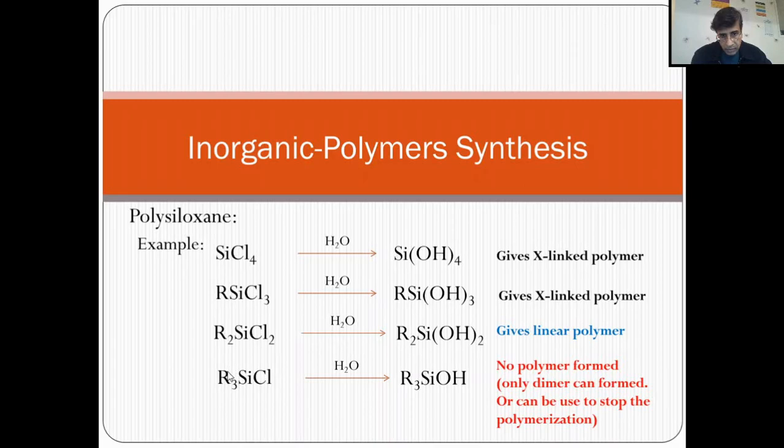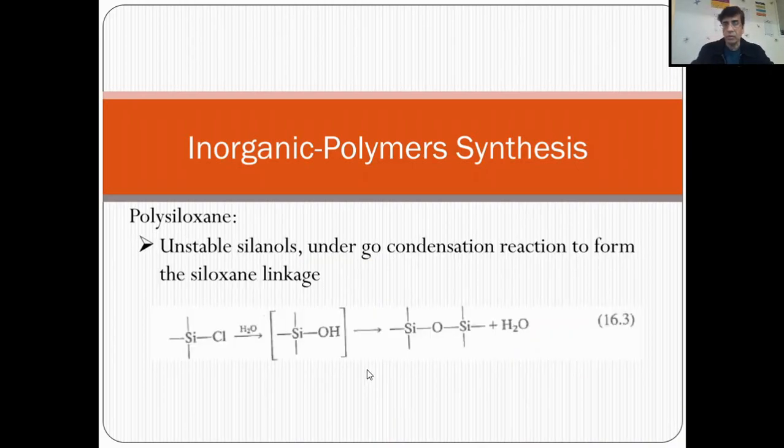So after the hydrolysis, what do you get? You get 3 methyl groups, or 3 R groups, and 1 OH, and that is shown here. It will make a dimer, but this will show you how the siloxane linkage is produced. After hydrolysis you get this unstable one, and if you use 2 of these, the OH from here and the H from the other will lose a water molecule, and that's how the connection is produced. Look here: R, R, R, R, R, and R. This is a condensation reaction because a small molecule is produced, and this is a dimer.